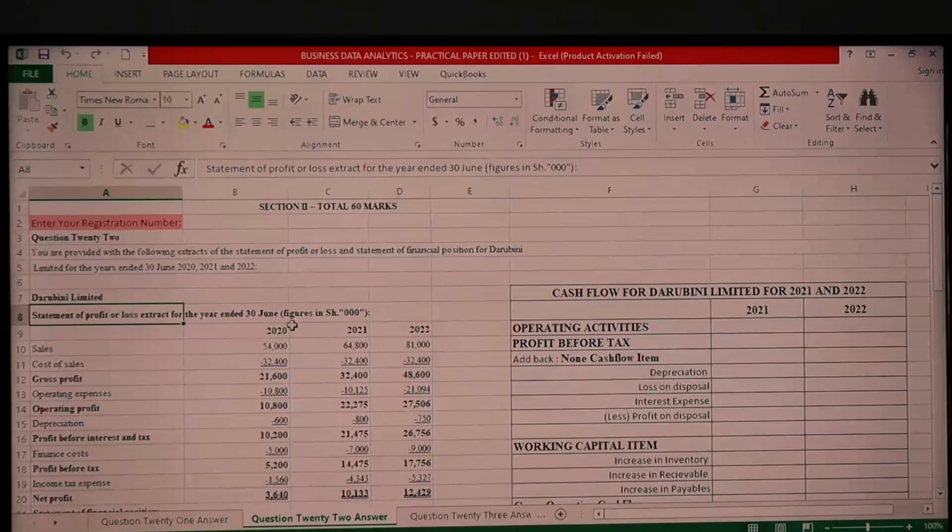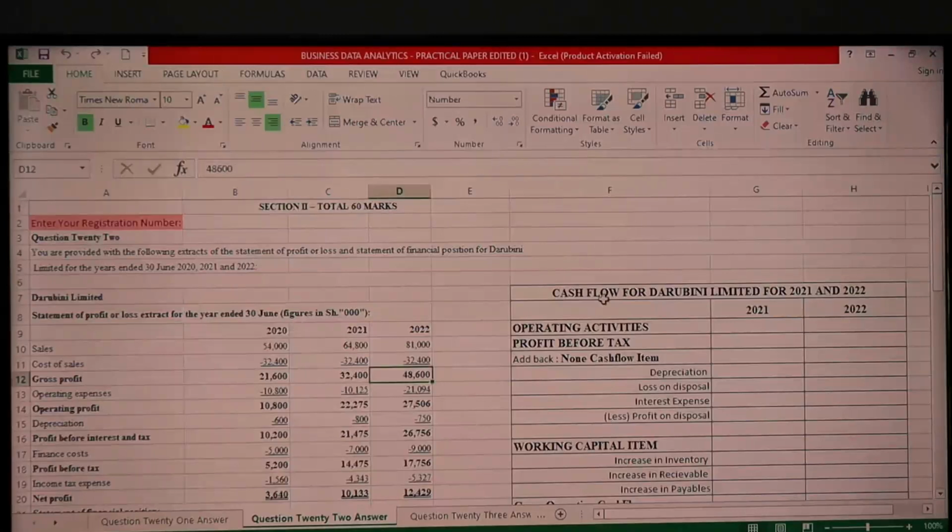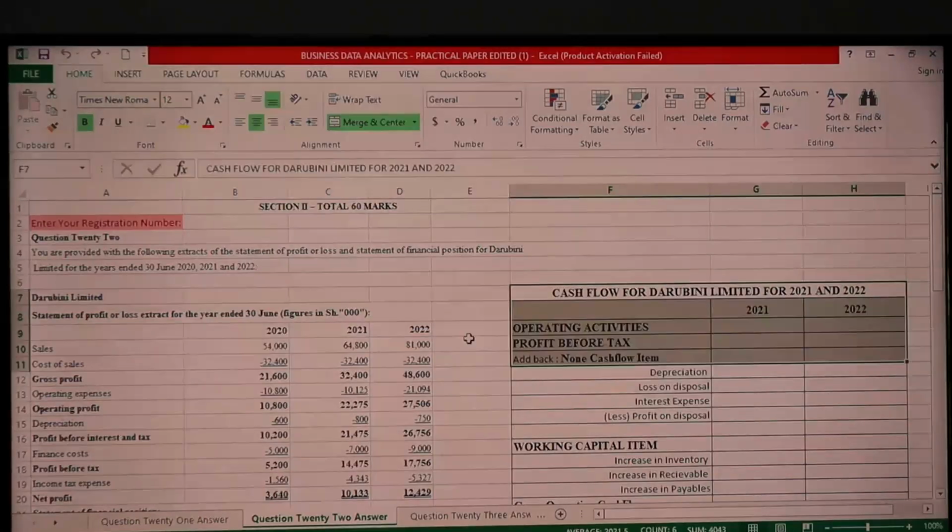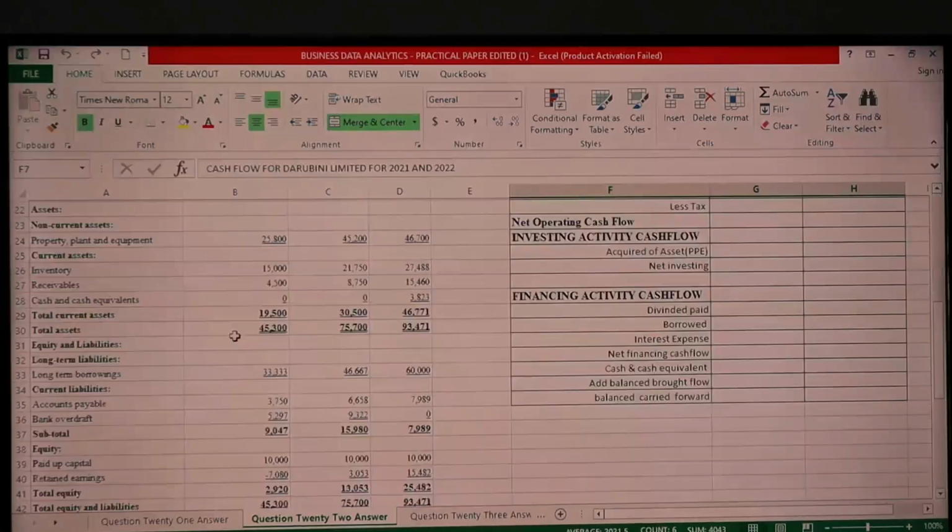So you don't have that worksheet? Okay, let me share the worksheet there. But before I share that worksheet, notice that the examiner will not actually give you this part, because the question states this is what you'll be given, these details.